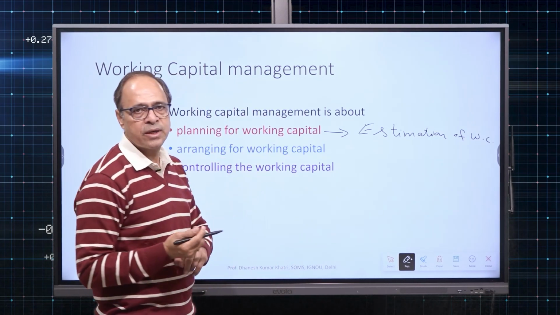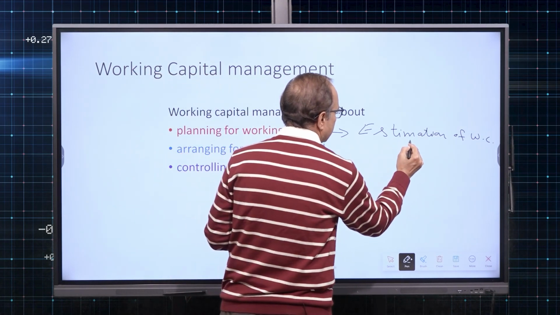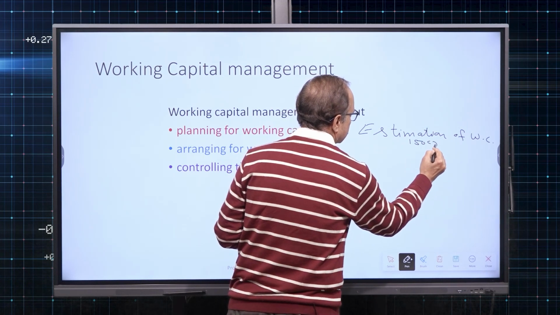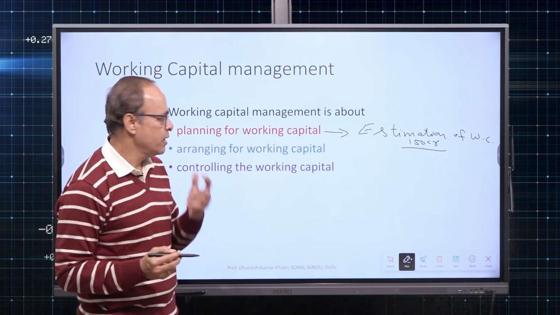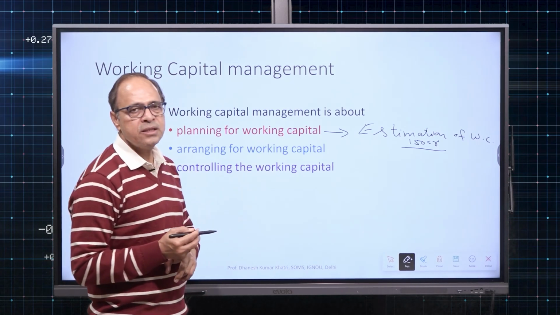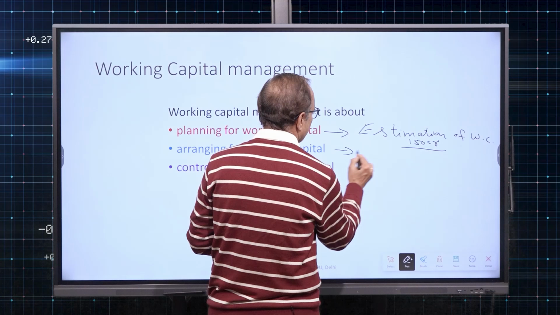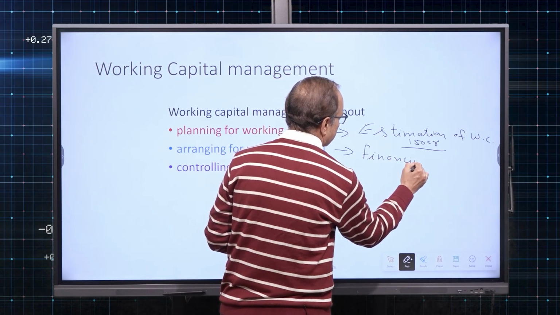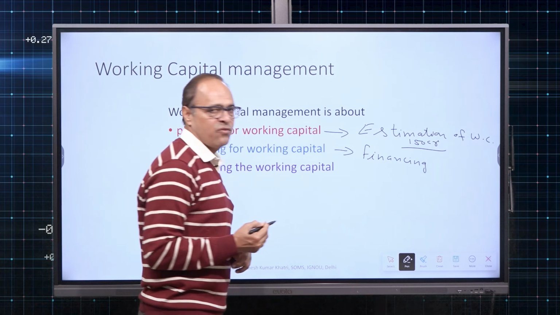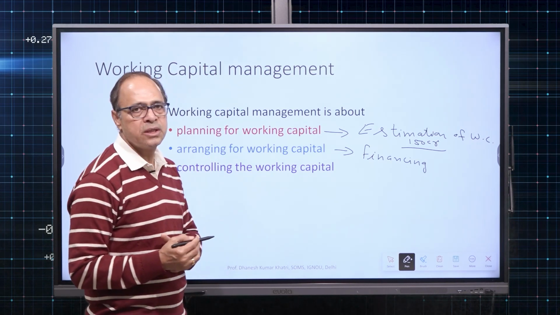Then arranging for working capital. So, once we have decided, let us say 150 crore is required to sustain a particular level of activity for the next year, in that case, from where will this 150 crore come? We will be arranging for that financing. So, it is financing of working capital. And then lastly will be controlling the working capital.